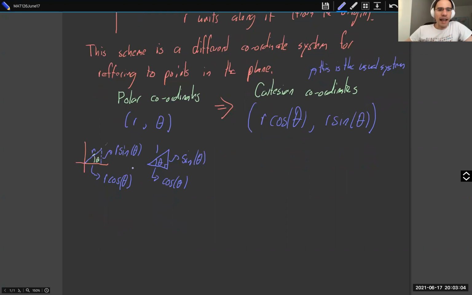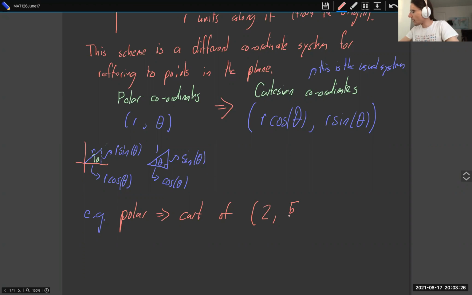So suppose I have, for example, let's do polar coordinates to Cartesian of the point, and so this is going to be a point in polar coordinates, 2 comma 5 pi over 6. Sorry, yes, 5 pi over 6, which I'll write as 5, 6. My 5 looks like a 6, perhaps.